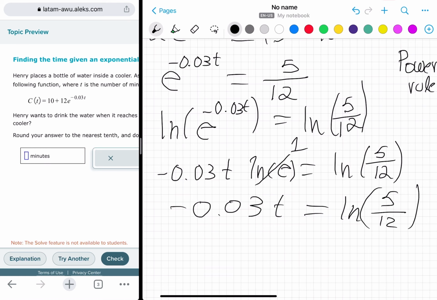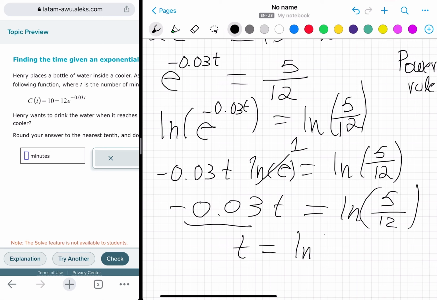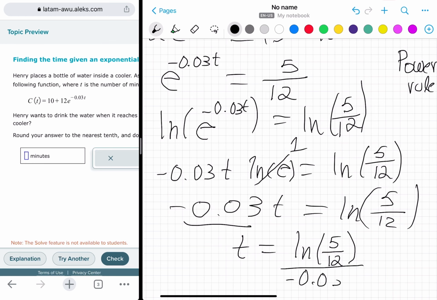The only thing that I need to do now is take this number to the right side. So I will have t equals natural logarithm of 5 over 12, and all of that divided by minus 0.03.